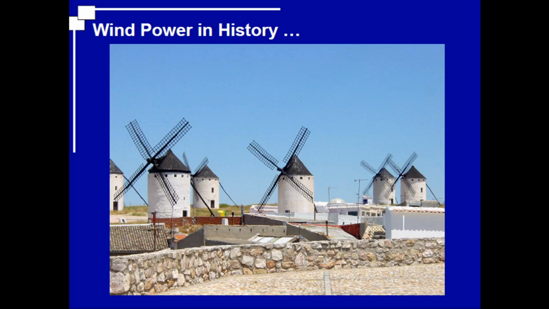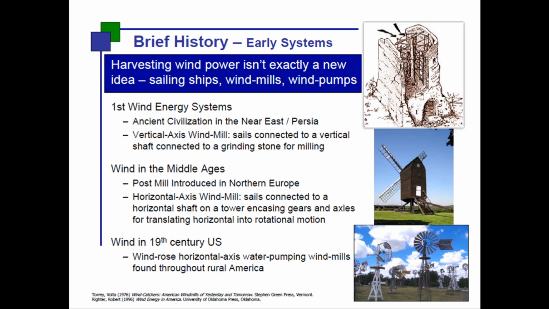So let us see a little history on wind turbines. These are the oldest wind generating units, horizontal axis wind turbines you can see here. Very old in nature, right? Harvesting wind power is not exactly a new technique. It was there from time immemorial for sailing ships, windmills, and wind pumps.